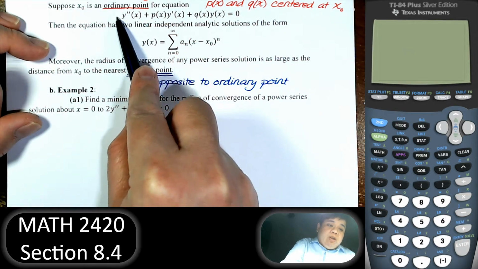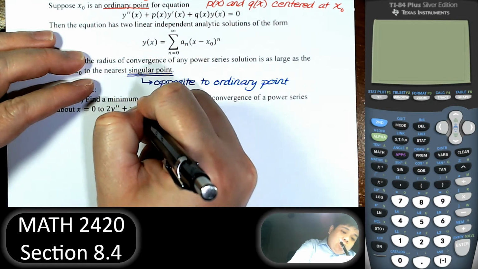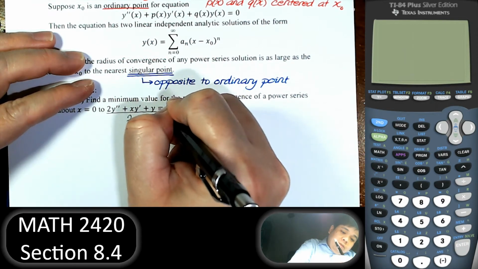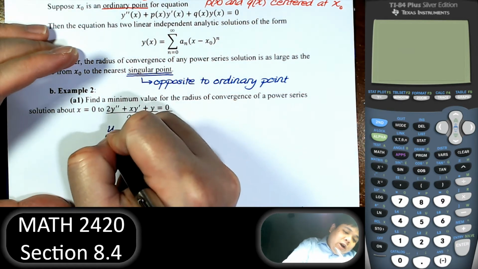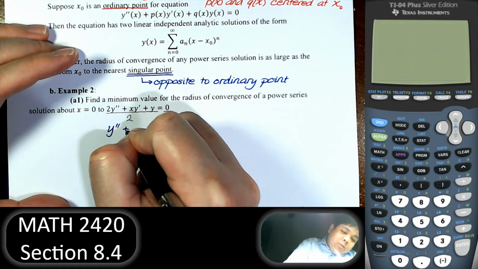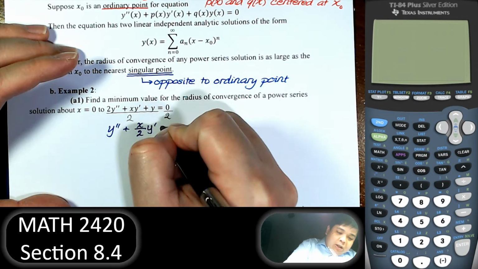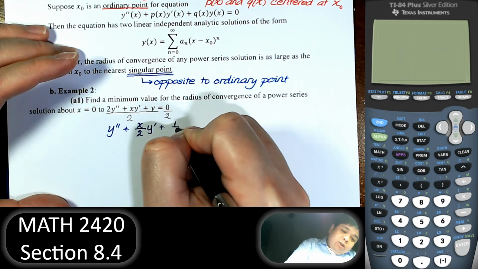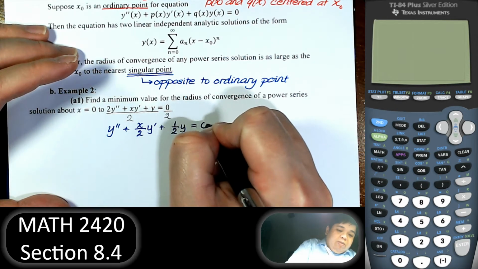The right form is where the leading coefficient is 1. So for this equation, I'll divide by 2 on both sides. So we have y double prime plus x over 2 y prime plus 1 over 2 y equal to 0. Right? Divide everything by 2.